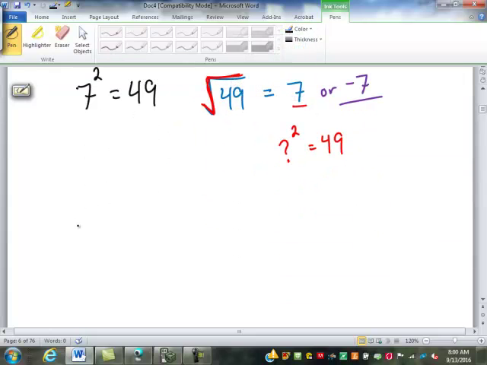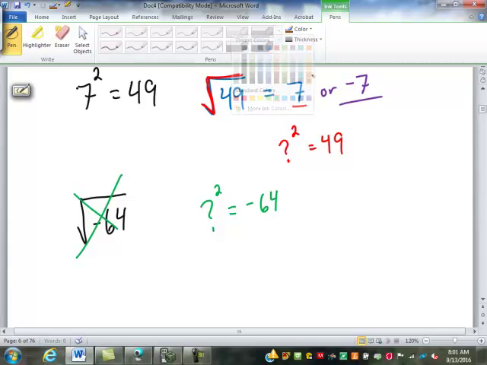Let's take a peek at the square root of negative 64. What's that going to be? Can't do it. Why not? Because you have to remember, this is asking us what number squared equals negative 64. What did we just say about numbers when you square them?